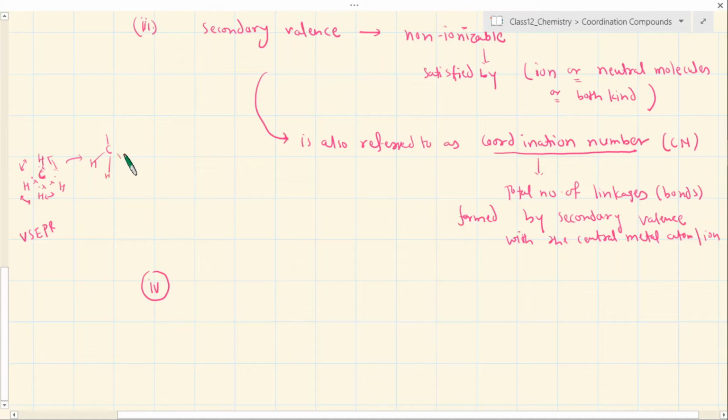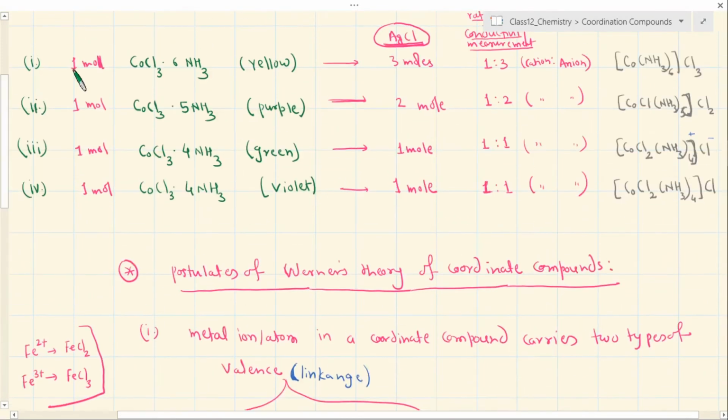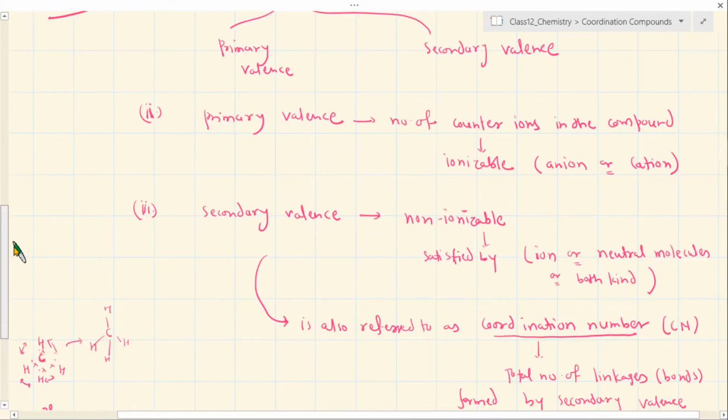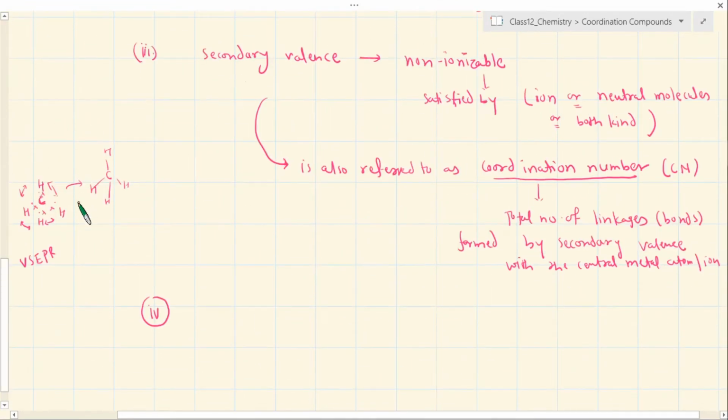We know that, correct? So in a similar manner here also, all these groups or ions which are attached by valence to the metal atom or metal ion also tend to orient themselves in a certain way, and this ends up with a certain structure. Like in simple compounds, wherever you have covalent bonding, you have a structure formation.